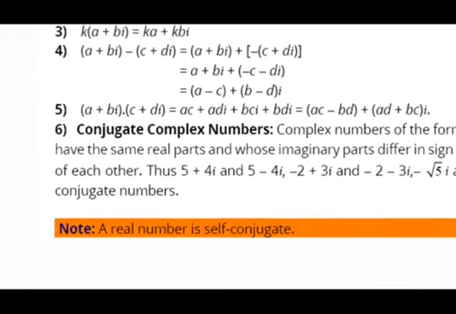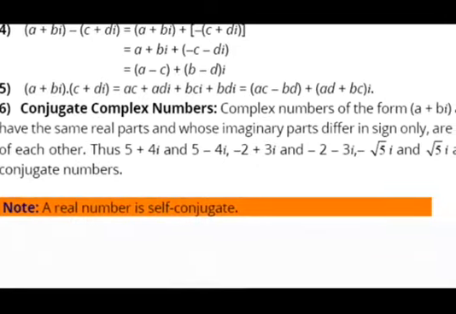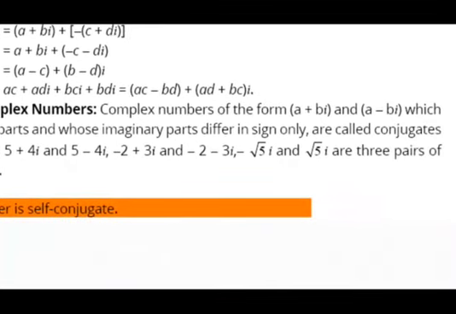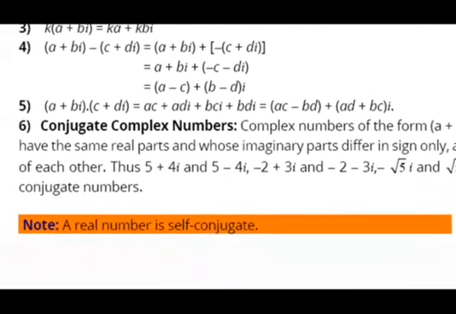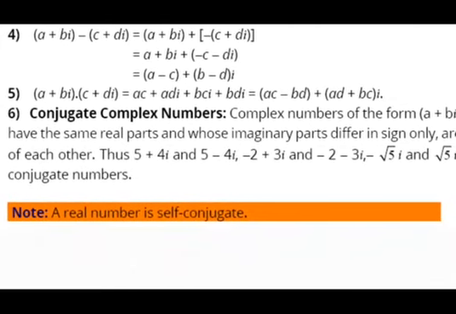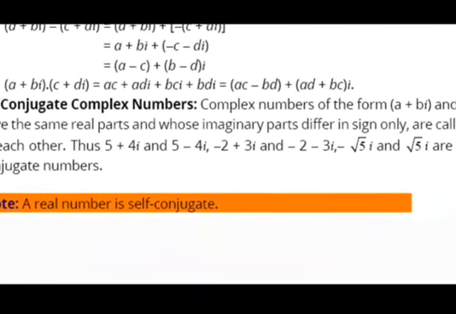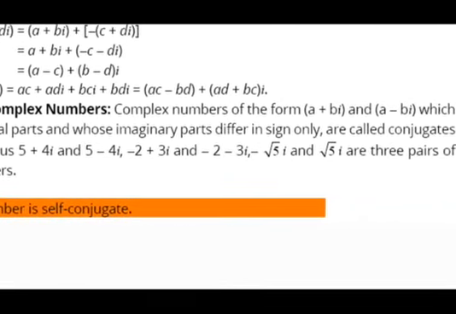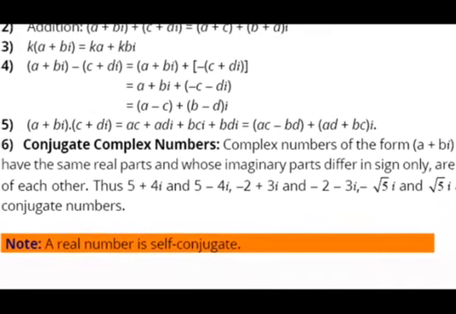Next, in sixth part, conjugate of a complex number. Complex numbers of the form a plus b iota and a minus b iota, which have the same real part and imaginary part differing in sign only, are called conjugates of each other.